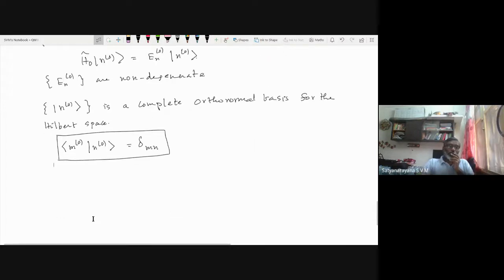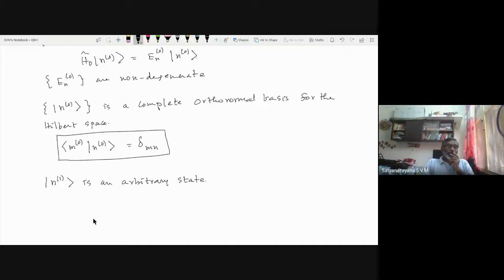Now let's ask what is N1. N1 is an arbitrary state. I don't know anything about it. How do I know that this N1, since it is arbitrary, is orthogonal to any M0? There is no way that I will know.